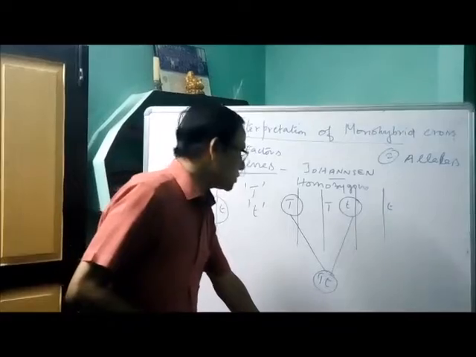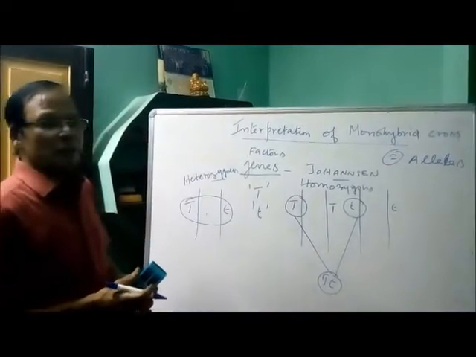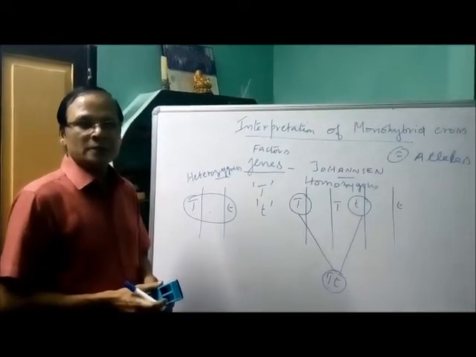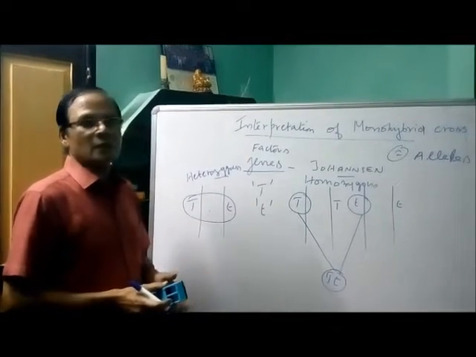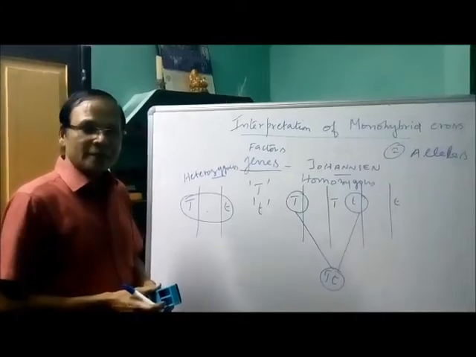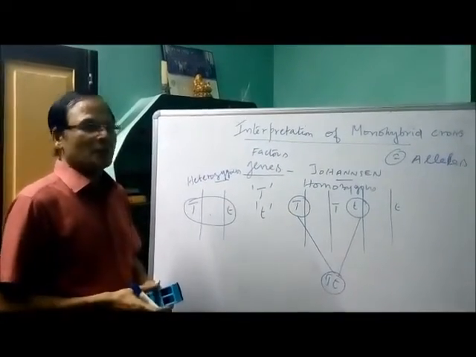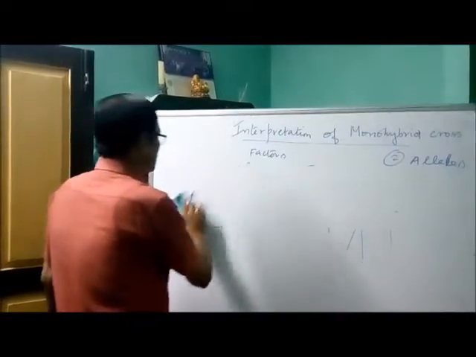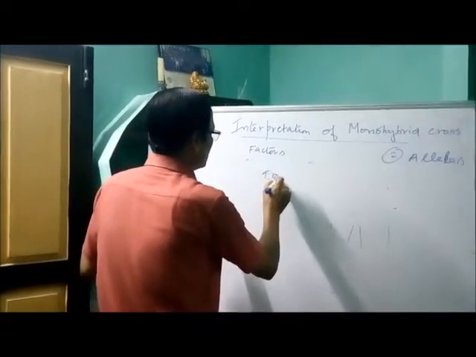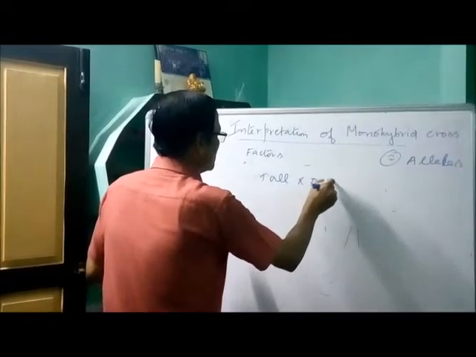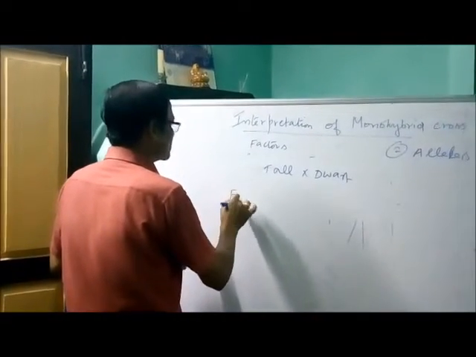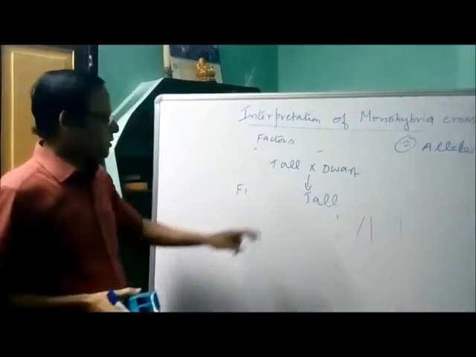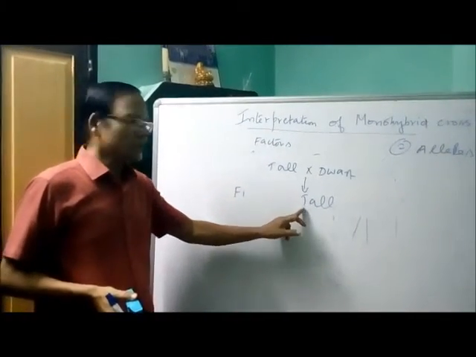Then I mentioned already, when two breeding tall and dwarf plants are crossed, only one of the plant's characters is expressed in the F1 generation. The character which expresses itself is called the dominant character or dominant trait. See here, tall, we are making a cross. Then in the F1 generation, as we have discussed already, we are getting tall. The character which is expressed in the F1 generation is called a dominant character.